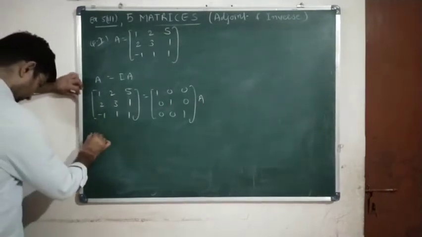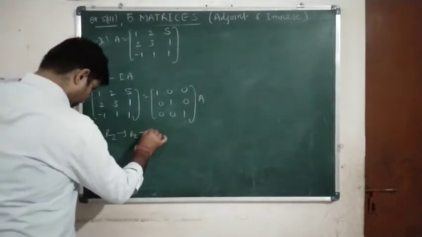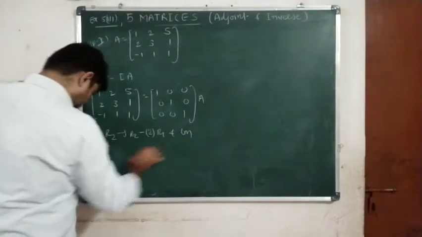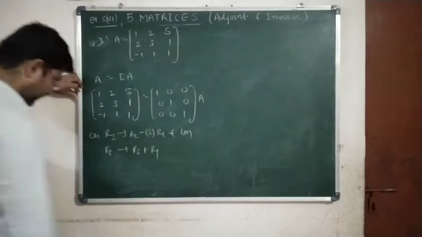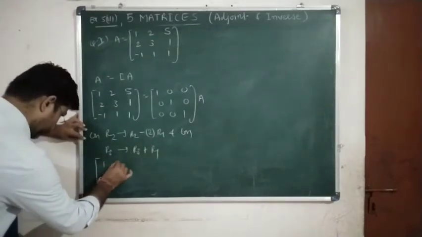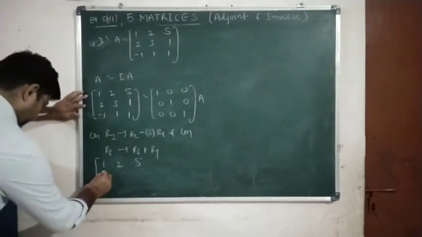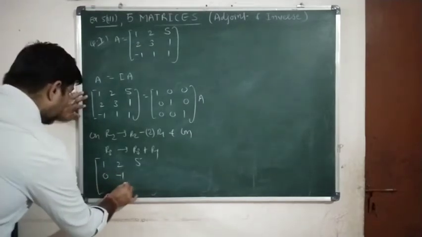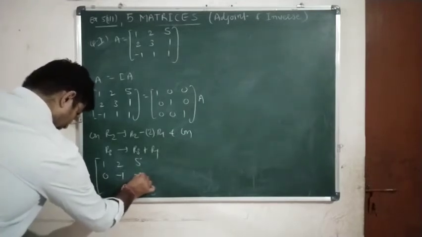So on R2, R2 minus 2 into R1, and on R3, R3 plus R1. Okay, so let us write down the resulting matrix. First row no change, second row R2 minus 2 R1. So here 0, 3 minus 4 is minus 1, 5 minus 10 is minus 5, 1 minus 10 is minus 9.